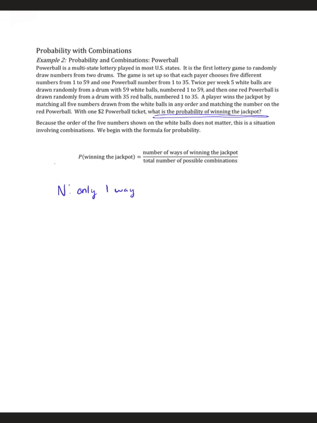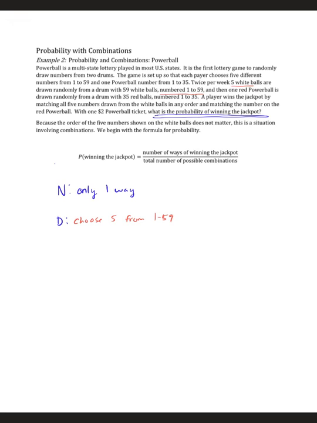Now we want to talk about the denominator. Here's where we have to do a couple of things. One, you have to choose 5 white balls numbered 1 through 59. So we have to choose 5 from 1 through 59.